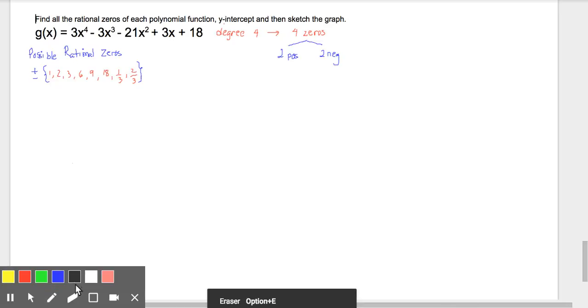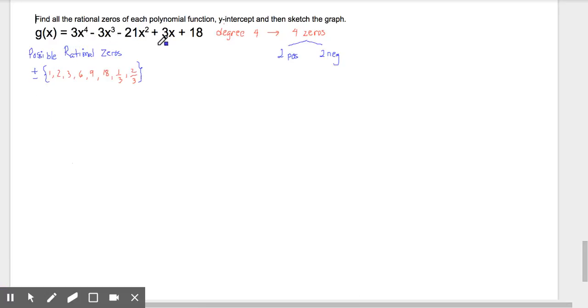So now let's start looking for the zeros. So we list the coefficients of g of x. Now notice that the exponents are arranged from 4, 3, 2, 1, and then 0. If there is a missing exponent, for example, if we skip 2, then that means when we list the coefficients, we have to put a 0 in the place of x squared.